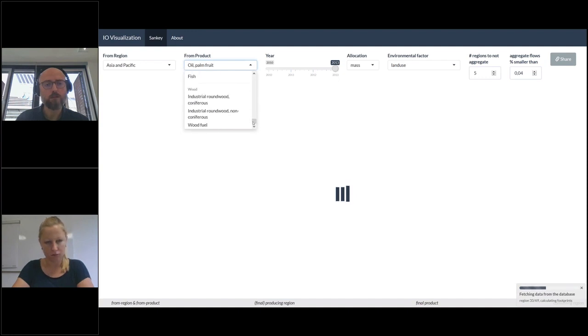You can see the full list here. There are the wood products, the industrial roundwood, coniferous, and fuel. These are the only 3 wood products that are covered. Here you can see animal products, pig meat, pork meat, pet food, edible offal, milk.